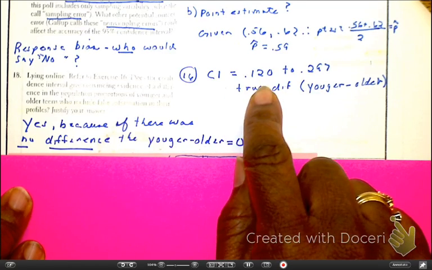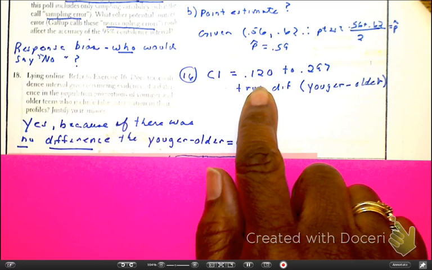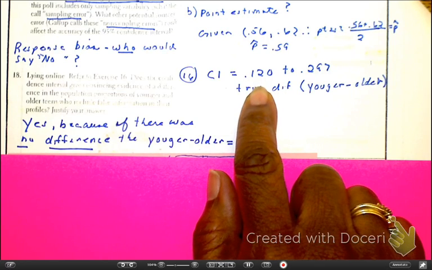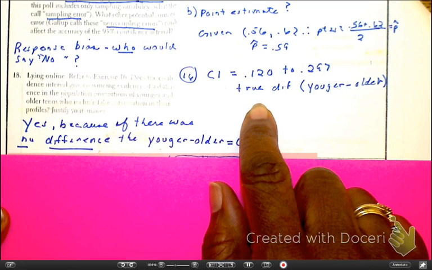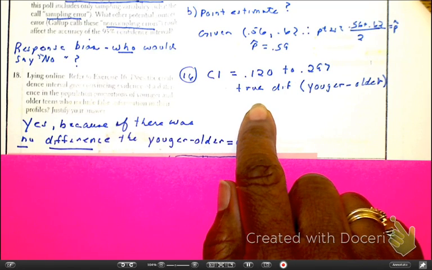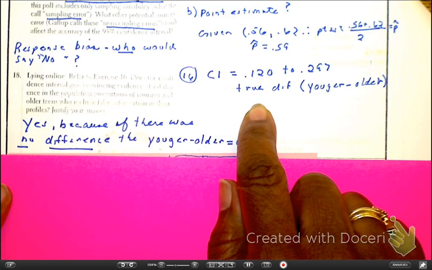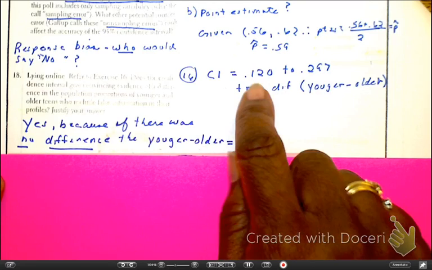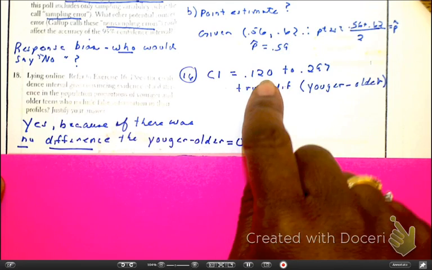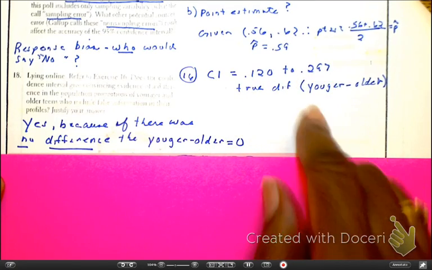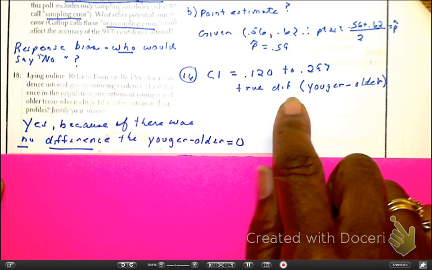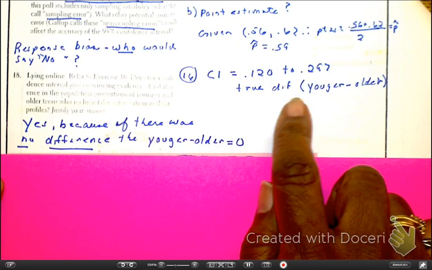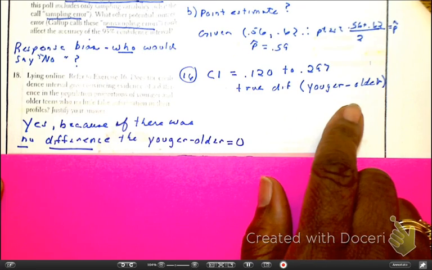And remember what this is saying is that I am 95% confident that the true mean value of teenagers that give false information on their profiles is going to lie between 0.120 and 0.297. And actually in this particular case, it's the true mean difference, because what they're looking for is the younger minus the older.